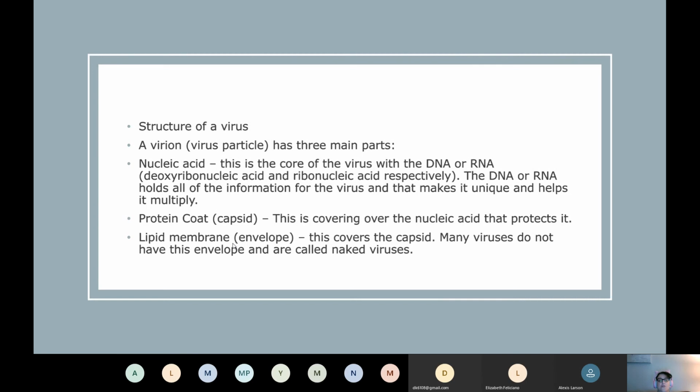And if they have that, they're even harder to treat and harder to get over at times because they're tougher on the immune system. Now, the ones that do not have an envelope, we call those naked viruses, because they're missing their little envelope.